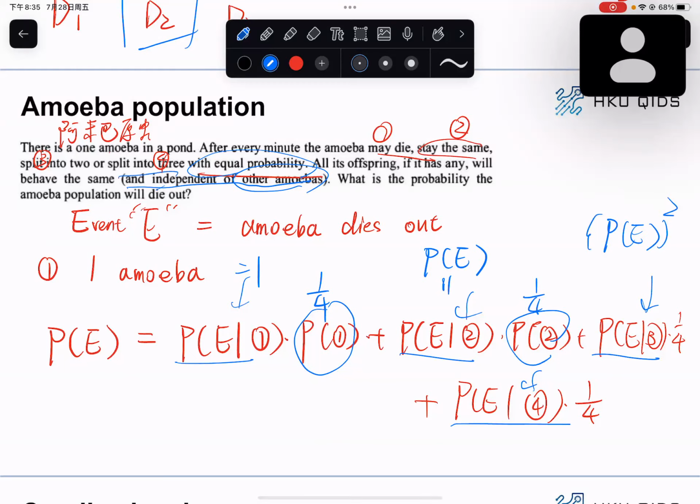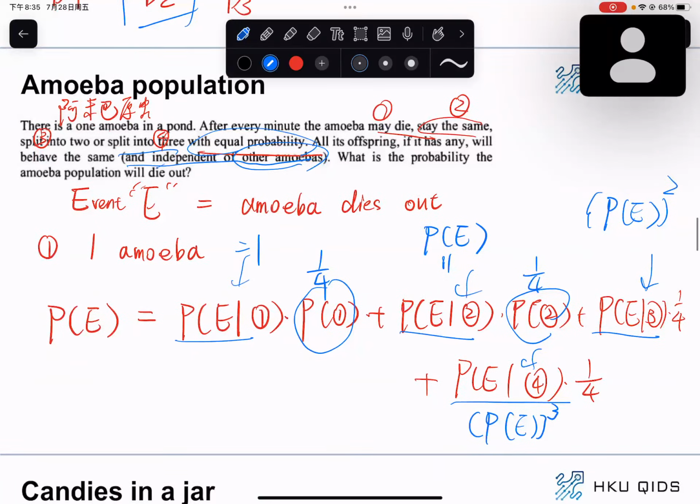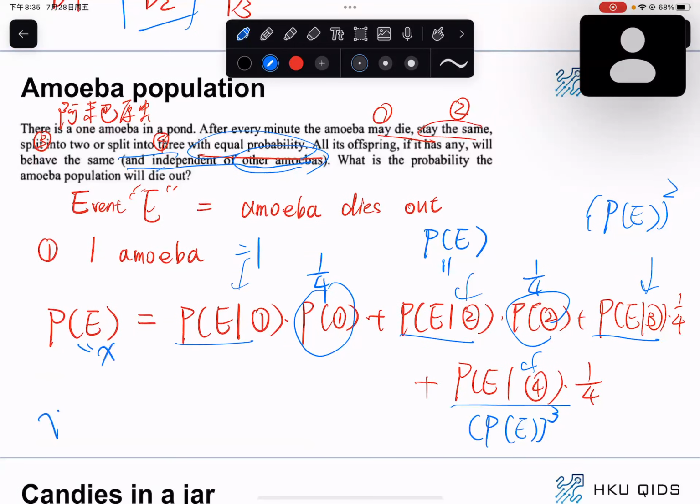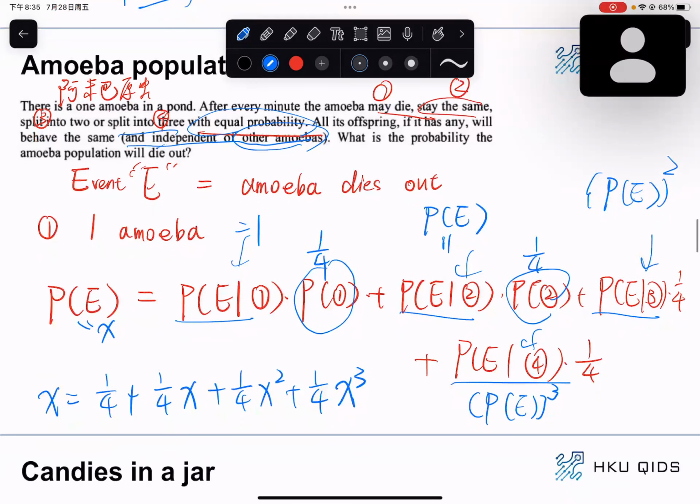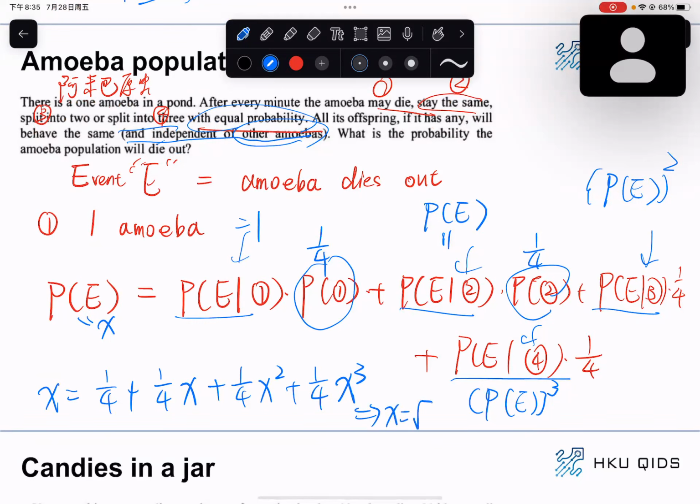And if they split into 3, then it's just probability E to the cube. So if we denote PE as X, we can have X equal to 1/4 plus 1/4 X plus 1/4 X squared plus 1/4 X cubed. And if we solve this equation, we get X equal to square root 2 minus 1, which is around 0.414, right?